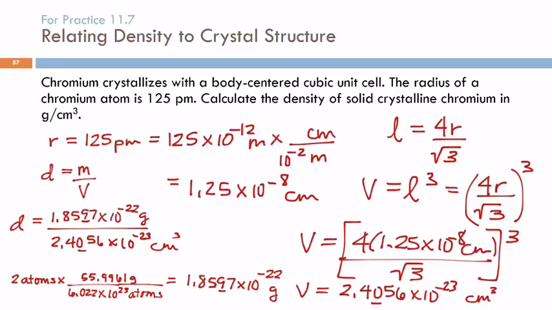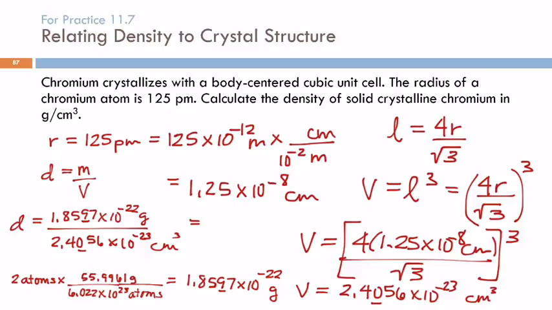Okay, so 1.8597 times 10 to the minus 22 divided by 2.4056 times 10 to the minus 23. Wouldn't it be 3 because you have 25? This one is 3, but the mass would be 4. Then the ultimate answer is going to end up with 3.